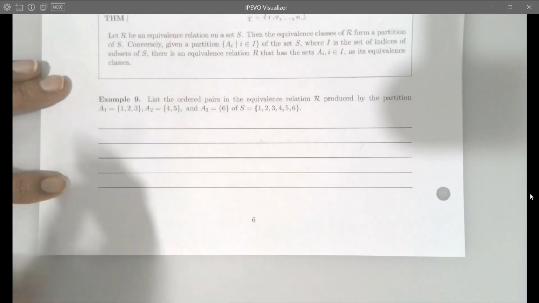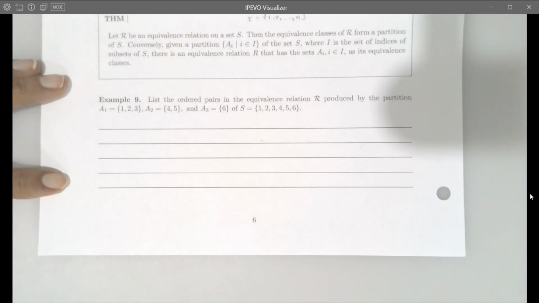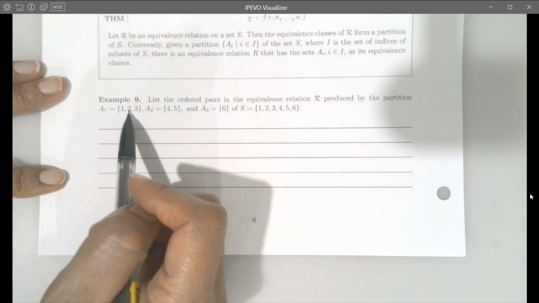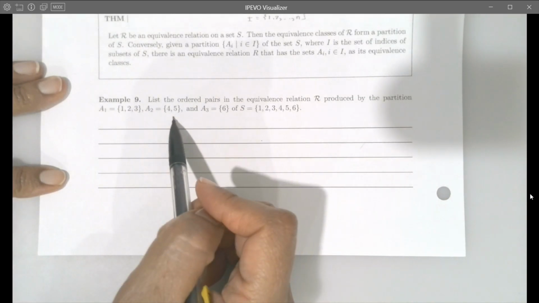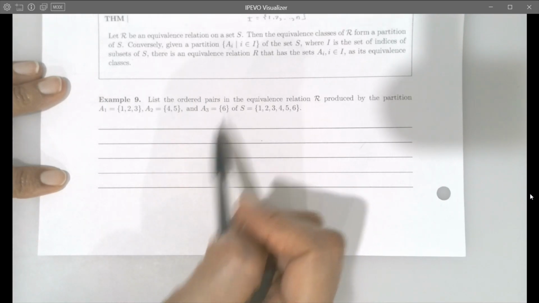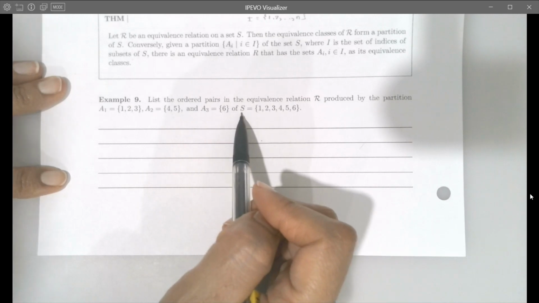And so let's take a look at example 9. This one is asking us to list the ordered pairs in the equivalence relation R produced by the partition A1, which contains elements 1, 2, 3, A2, which contains elements 4 and 5, and A3, which contains the element 6.